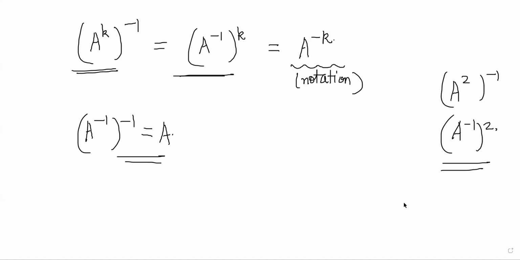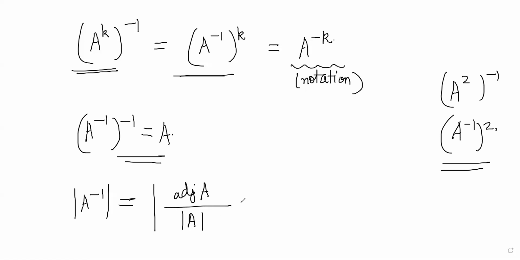Then we can also say that det of A inverse is equal to 1 by det of adjoint of A by det of A. This is like a constant, right?